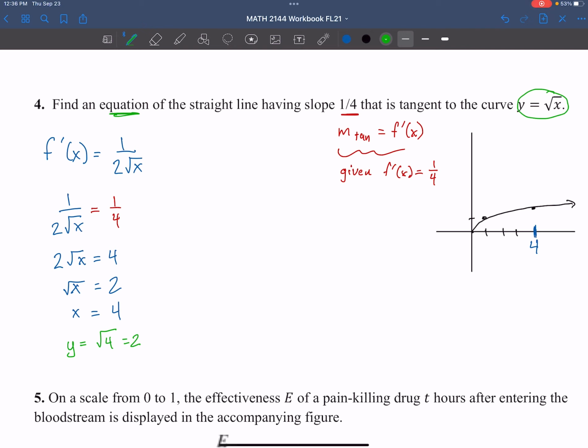So now what I need to do to get the equation is just going to be y minus 2 is equal to 1/4, the slope, times x minus 4, which I found, right?